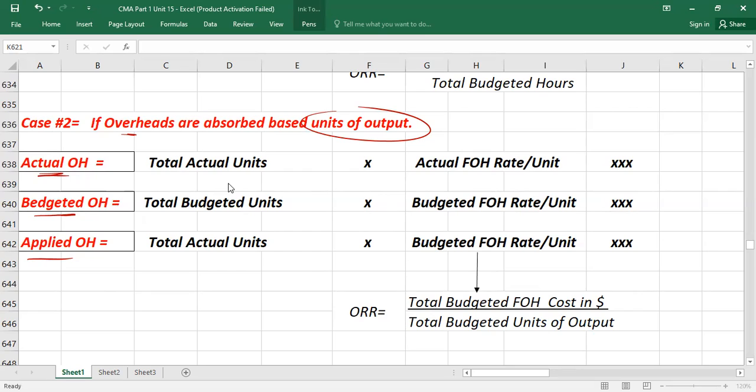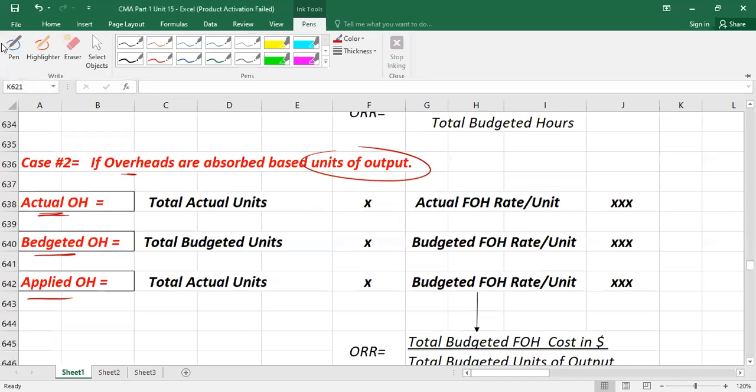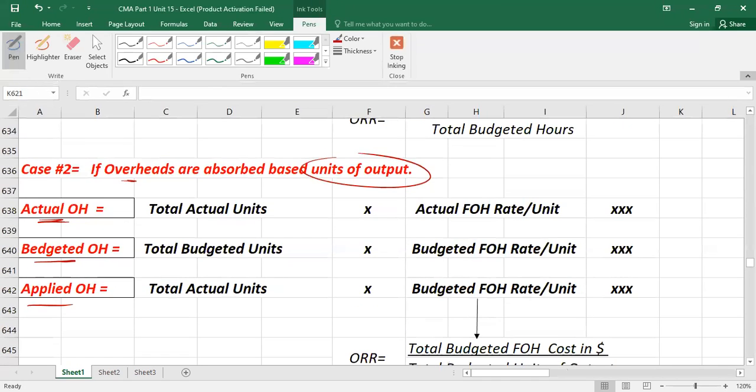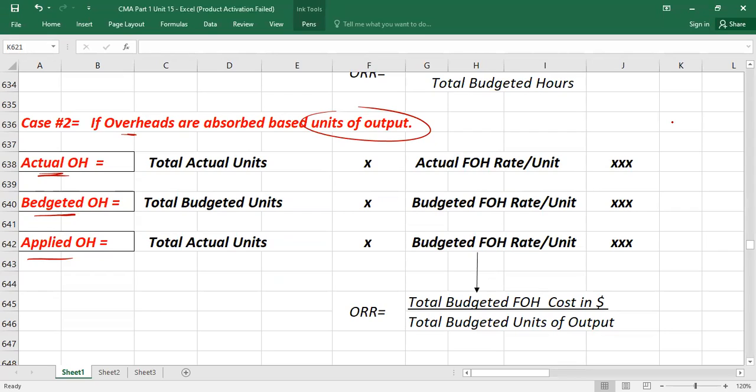First of all, actual overheads. How will you find them, guys? Please, I need here what? Total actual. It's straight away units. Actual output. Just write actual output here, multiplied by what?